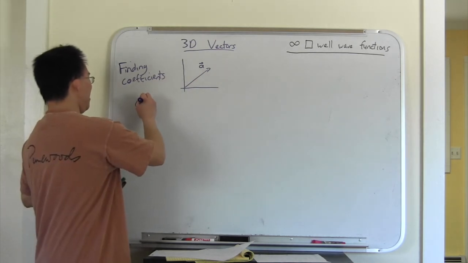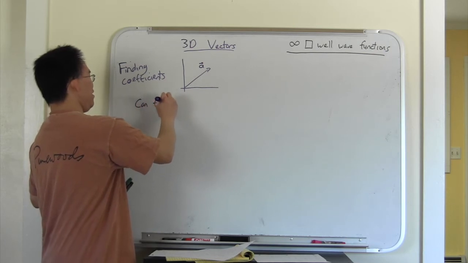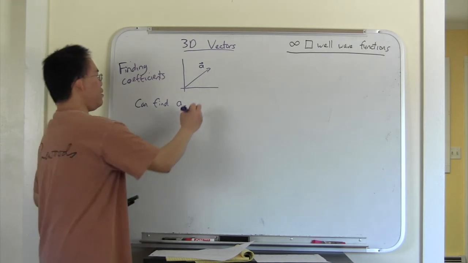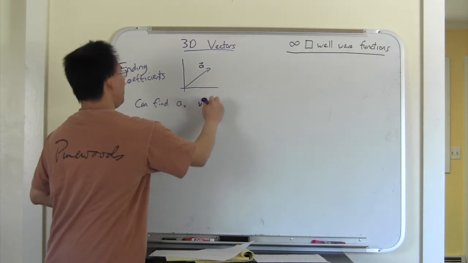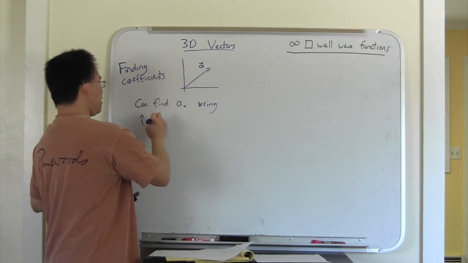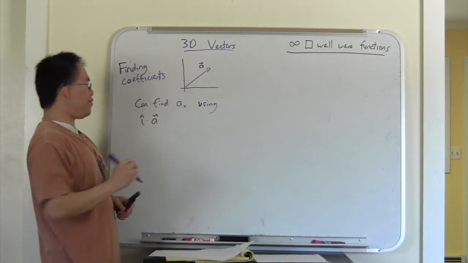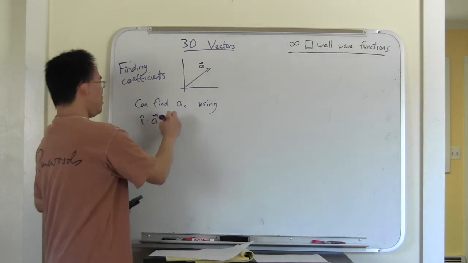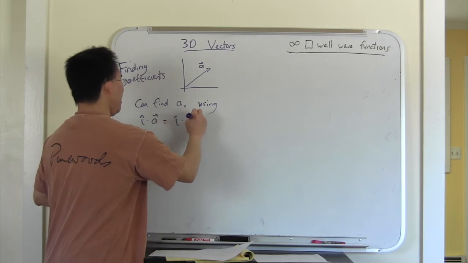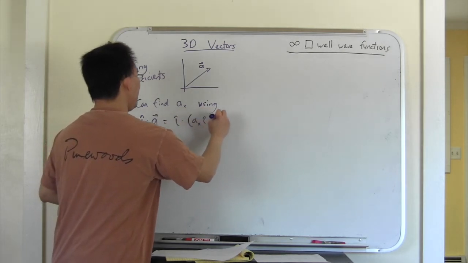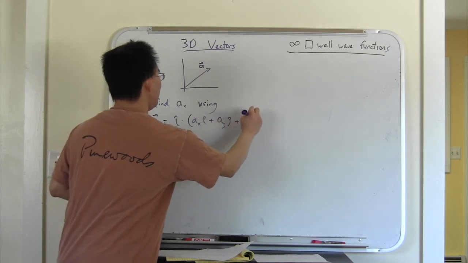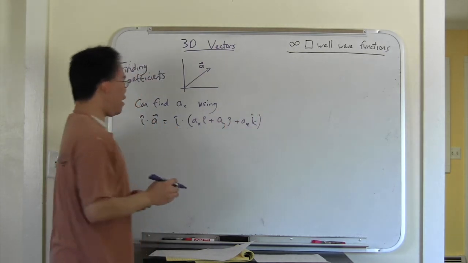So I can find my expansion coefficient A sub x, the x component, using i hat dot A. So if I just dot my unit vector i hat with my vector A, I have i hat dot some arbitrary A_x i hat plus A_y j hat plus A_z k hat.